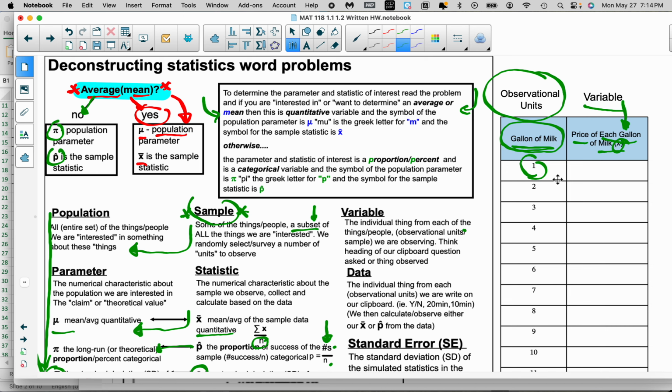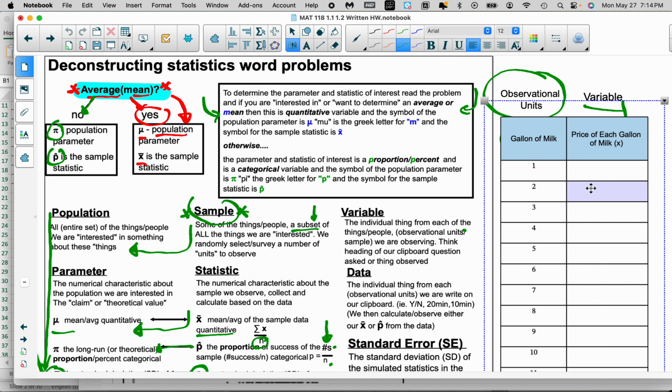So maybe at the first gas station, we look at a gallon of milk. Let's say it costs $2.99 a gallon. We go to the second gallon of milk. Maybe that's $3.50 a gallon. At the next station, maybe it is $3.25 a gallon.